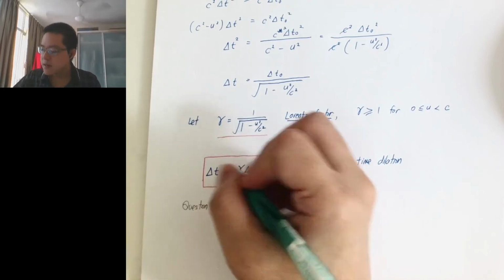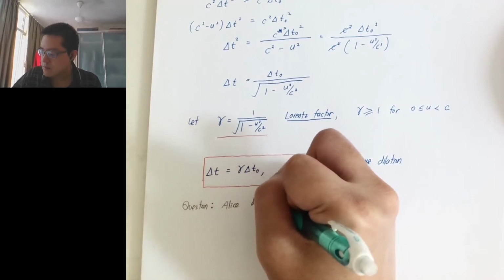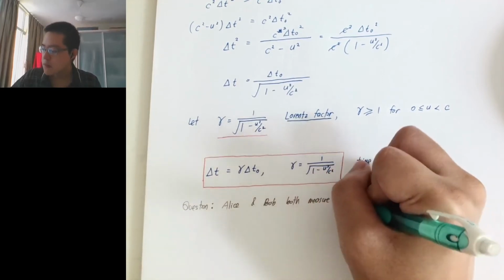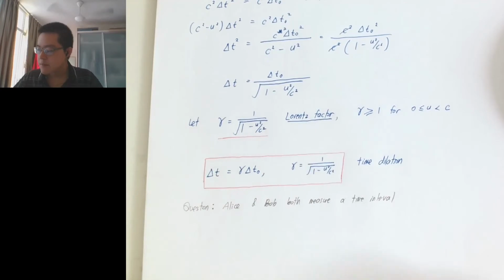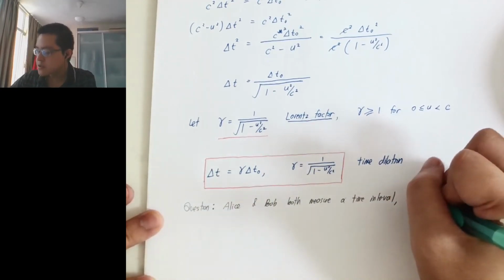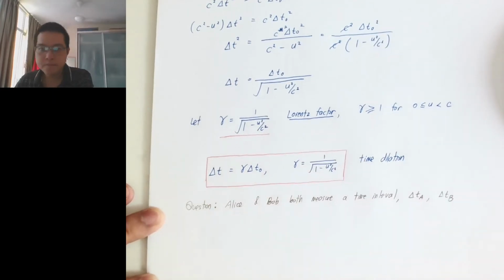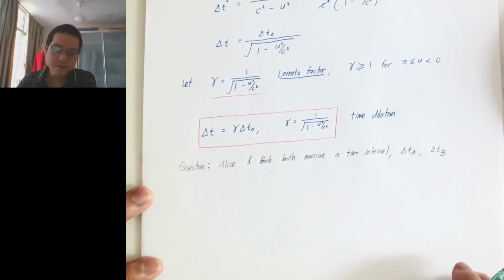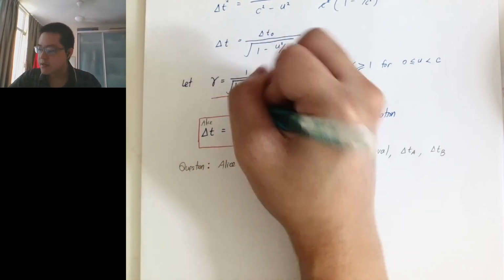Let's say Alice and Bob both measure a time interval, so they get a result by Alice and a result by Bob. And they're moving relative to each other, of course. Of course actually we know the answer. So this is Alice and this is Bob.